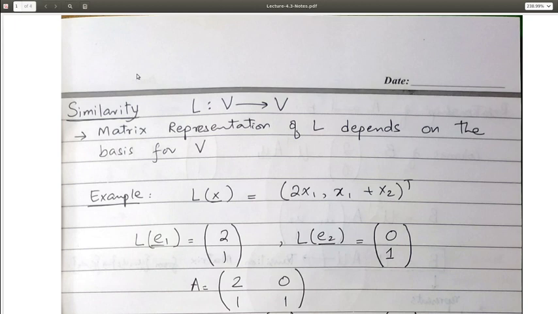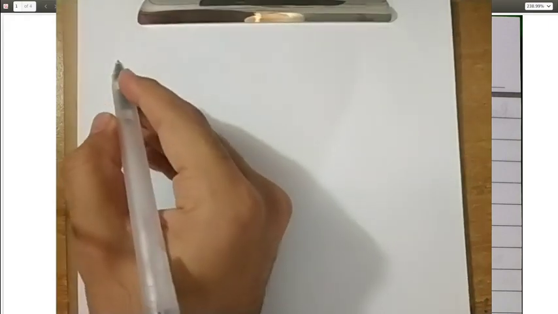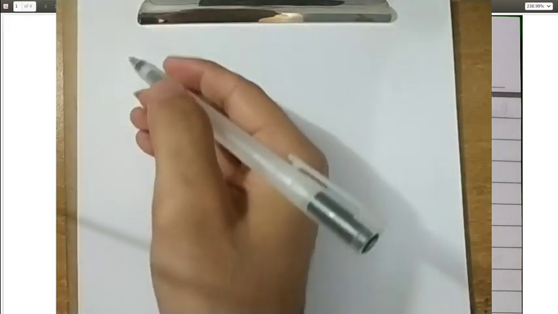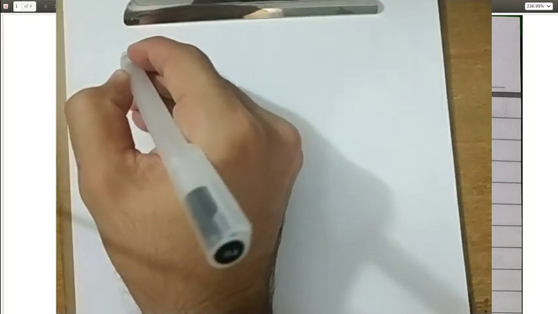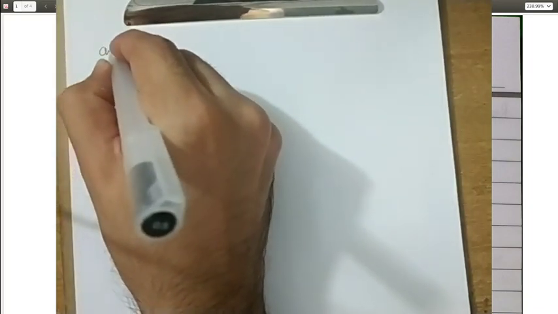Okay, let's begin. So for today, we're going to be looking at similarity, and before I begin the lecture, I need you to recall a couple of things. The first thing to recall is something that we've done in the previous chapter, which is change of basis.